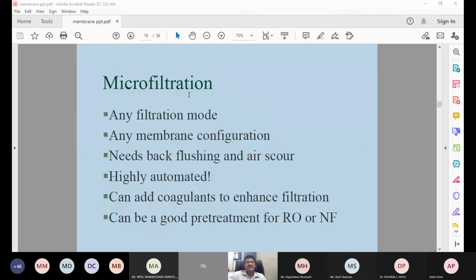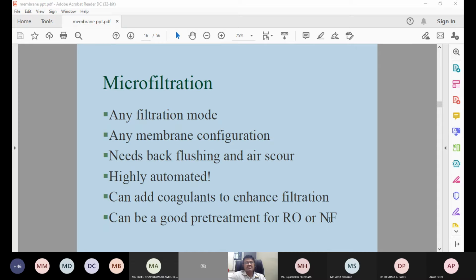For microfiltration, you can use any type of membrane configuration that we have talked about, like spiral wound, tubular, any type. Sometimes when it is clogged, you can wash it with back flushing or air scouring. It is highly automated. You can add coagulant also to enhance filtration, and it is generally used for pre-treatment of RO or NF.